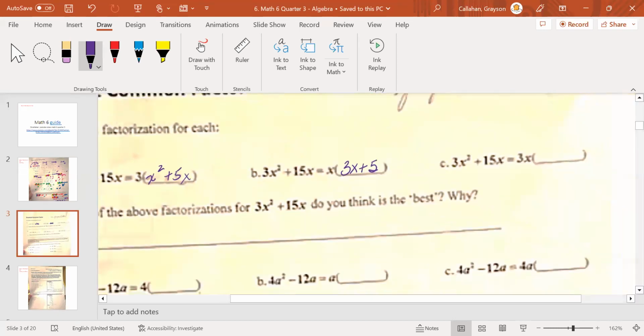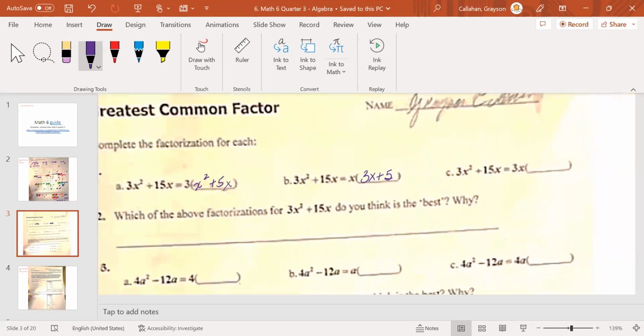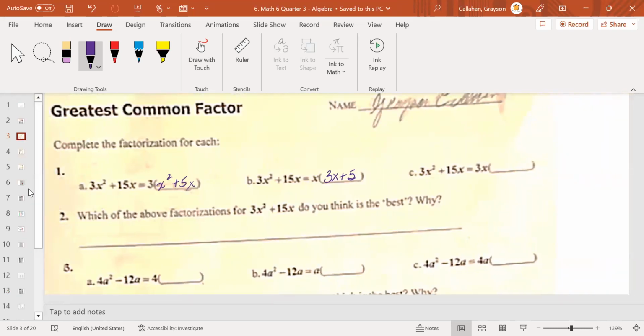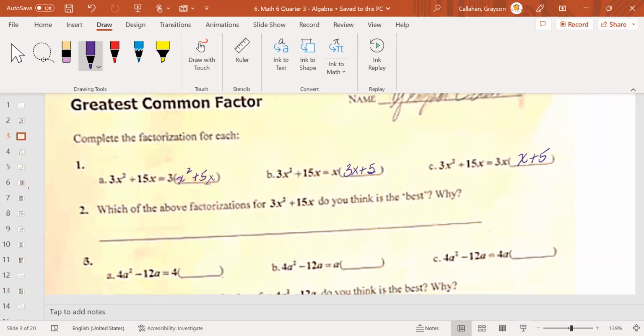For C, if I take out a 3x squared, then what's left is x plus 5, and that's it. Yeah. So which of the above factorization do you think is best?